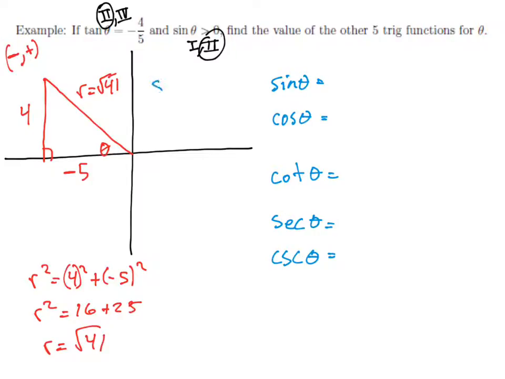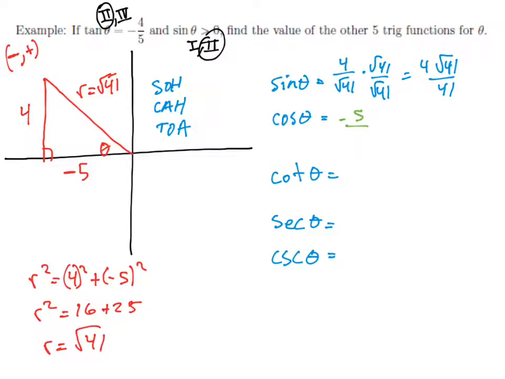So again, SOHCAHTOA. Sine is opposite over hypotenuse, so that's going to be 4 over square root 41 times square root 41 over square root 41. We get 4 square root 41 over 41. For cosine, that's going to be adjacent over square root 41.